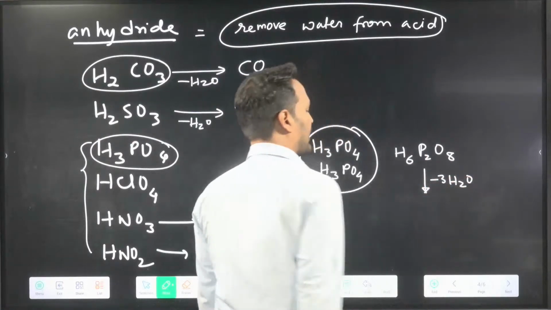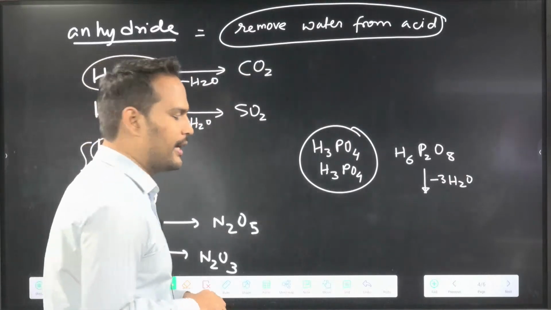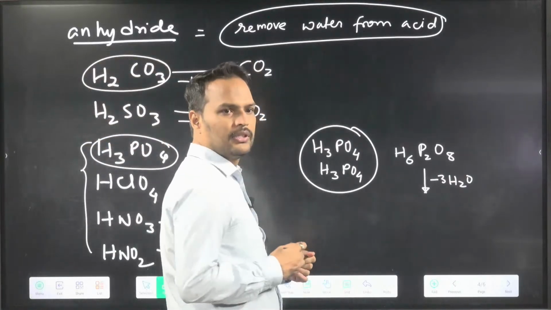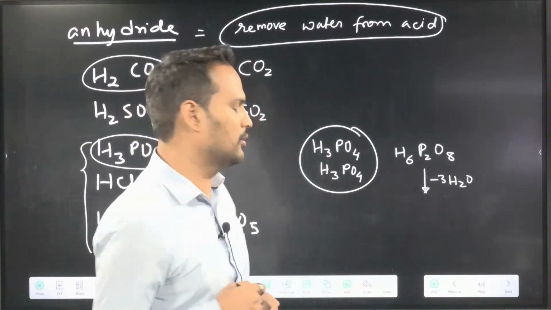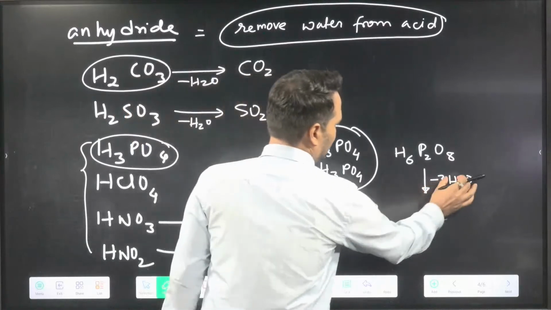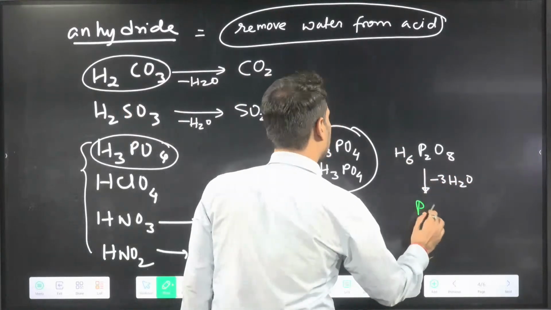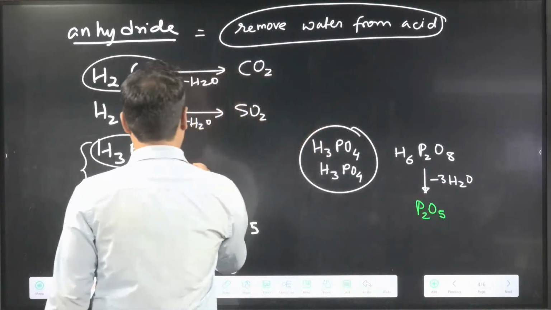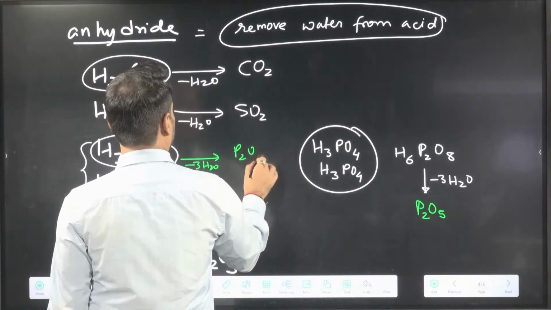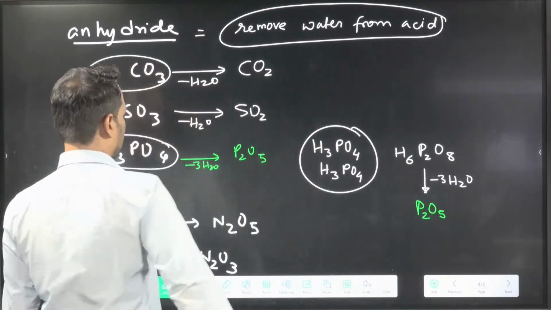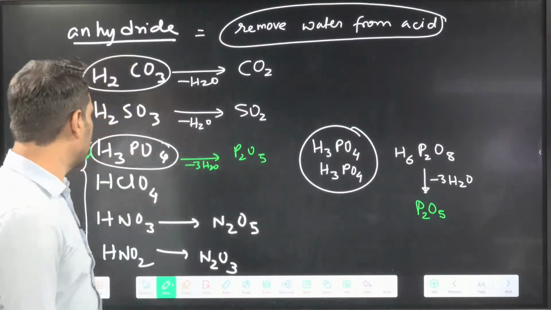How many water molecules can I remove? Can I remove 3 water molecules? Yes. After removing 3, meaning 6 hydrogen and 3 oxygen, what is left? P2O5. So P2O5 is the anhydride of H3PO4.